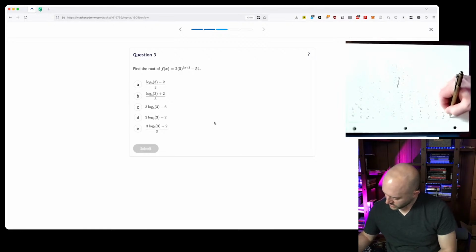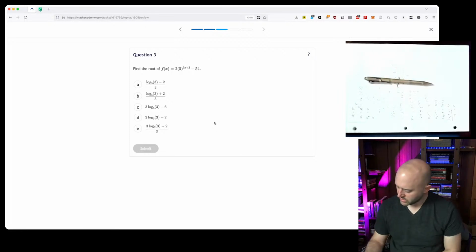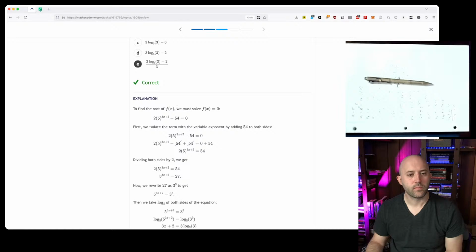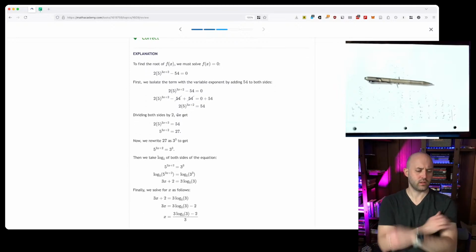So 3 log 5 of 3 minus 2 is 3x. I can do the whole thing over 3. So 3 log base 5 of 3 minus 2, all over 3. They solve it the same way I did. Let's just check.